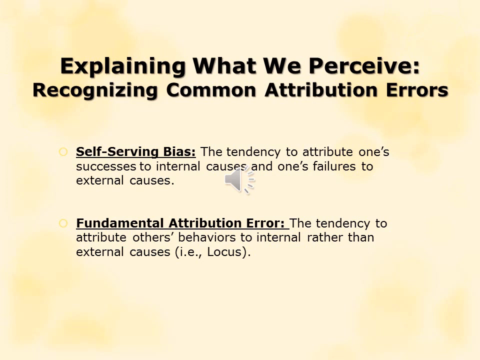A fundamental attribution error is the tendency to attribute others' behaviors to internal rather than external causes. An example of this might be a driver in traffic who cuts you off and seems to be speeding and driving erratically. We might attribute this to this person being a jerk or being aggressive, when in reality the person may have a sick child in the car and they are rushing to get the child to the hospital.